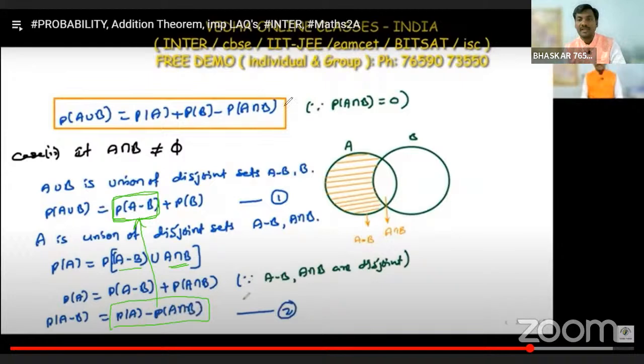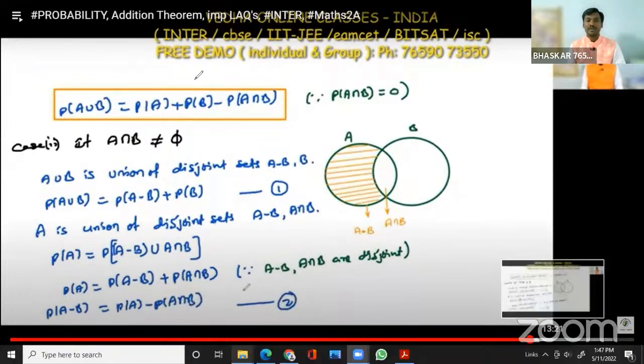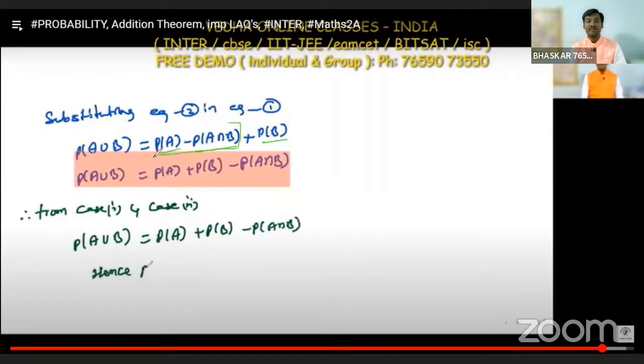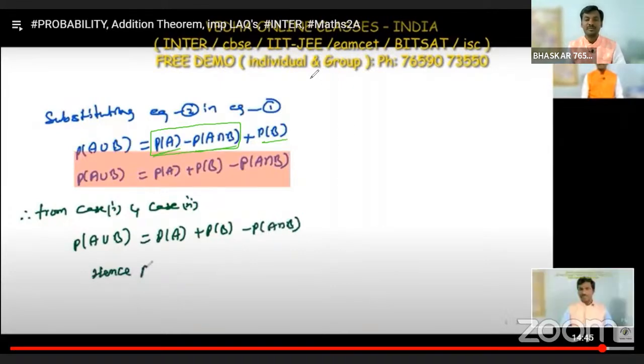So probability of A union B is equal to probability of A minus probability of A intersection B plus probability of B. Rearranging, probability of A plus probability of B minus probability of A intersection B. So from case 1 and case 2, probability of A union B is equal to probability of A plus probability of B minus probability of A intersection B. Hence the addition theorem is proved.